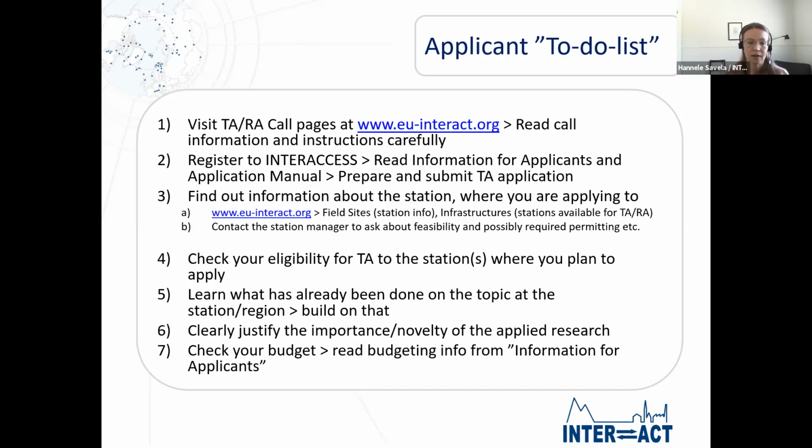Then you should take care of clearly justifying the importance and novelty of your applied research. And then the last point is to check your budget and carefully read the budgeting information that is available in this information for applicants booklet that is also embedded into the InterAccess application system.